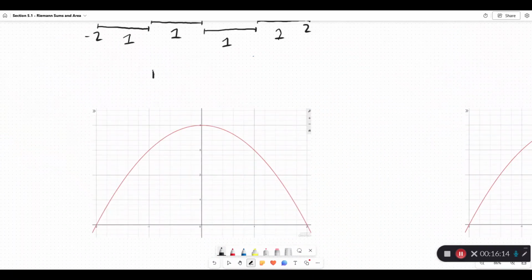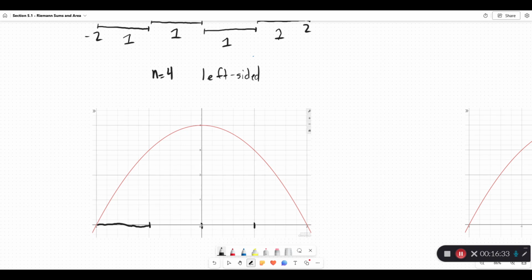I'm going to go back to n equals 4, but now I want to choose what are sometimes called left-sided or left-handed Riemann sums. So once again, we're going to divide the domain into 4 rectangles, but now instead of the right edge of the rectangle touching the curve, I'm going to do the left edge.